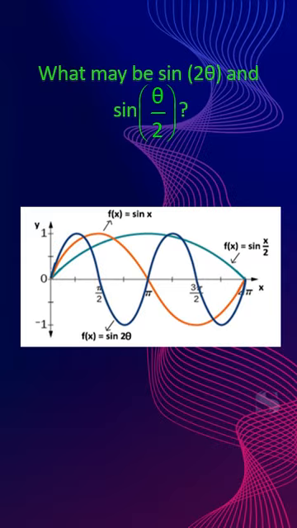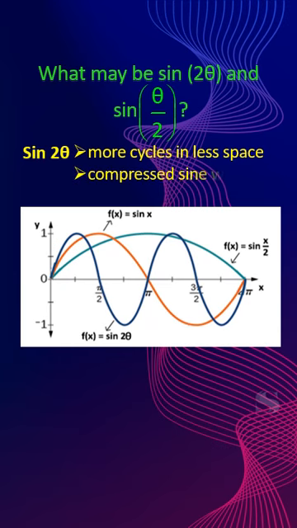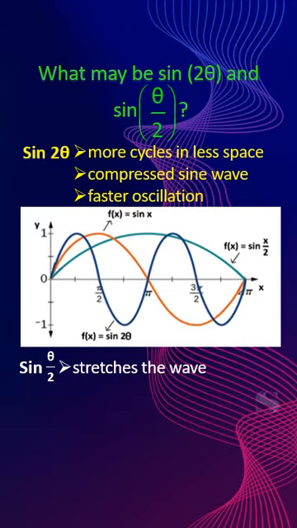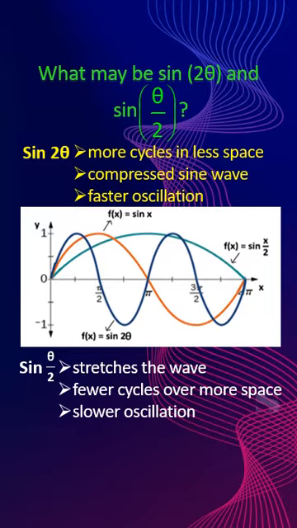If the angle is multiplied by a number greater than 1, the sine wave completes its cycle more quickly, meaning more cycles occur in the same interval, and the wave appears compressed horizontally. This reflects faster oscillation or higher frequency. On the other hand, if the angle is divided by a number, the wave stretches out horizontally, completing fewer cycles in the same interval, indicating a slower oscillation or lower frequency. This is also called horizontal scaling of sine wave.